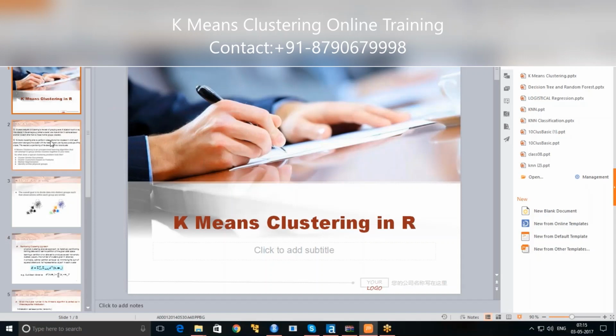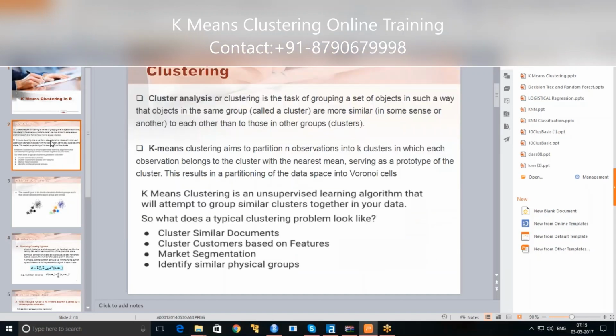So what is K-means clustering? First of all, what is a cluster? A cluster is nothing but the task of grouping a set of objects into a particular category. For example, if you have 1,000 data sets or 1,000 persons in your company, or your company has a set of customers, the cluster analysis will work on this data set and make them into separable groups based on certain values or attributes.